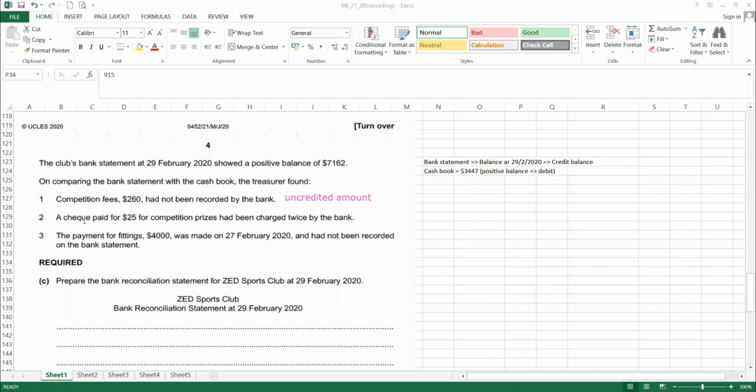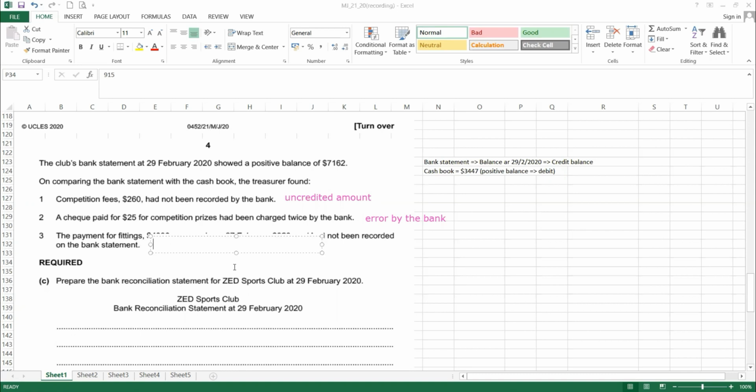Next, a check paid for 25 for competition price has been charged twice by the bank. This is an error by the bank. Okay, next. The payment for fitting 4,000 was made on 27 February and has not been recorded on the bank statement.